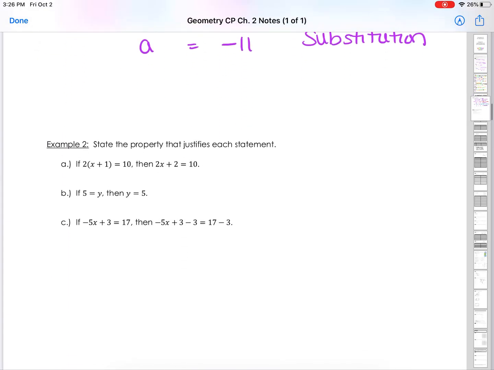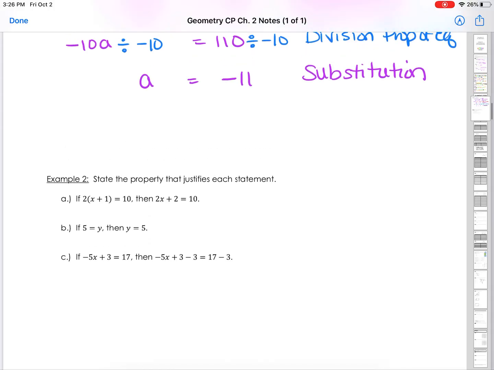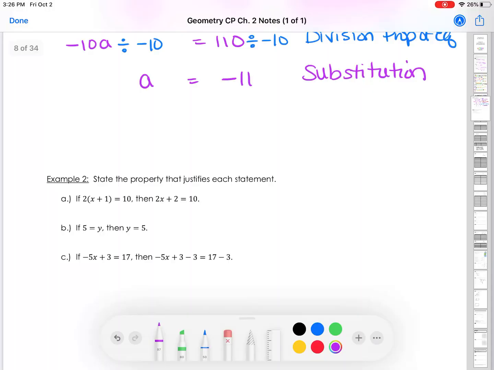All right, so let's take a look at these, and we're going to state the property that is going to justify each statement. So if we have 2 times x plus 1 equals 10, then 2x plus 2 equals 10. This is the distributive property. If we take a look at B, if 5 equals y, then y equals 5.